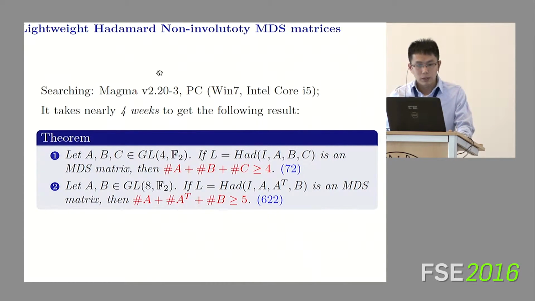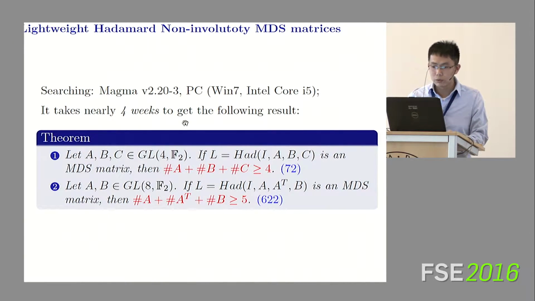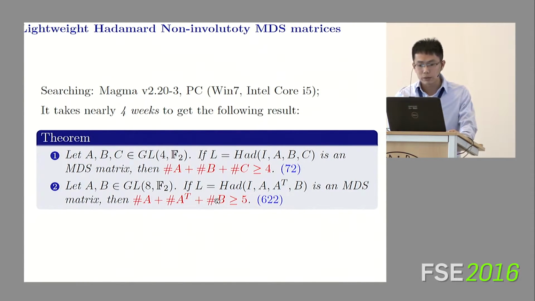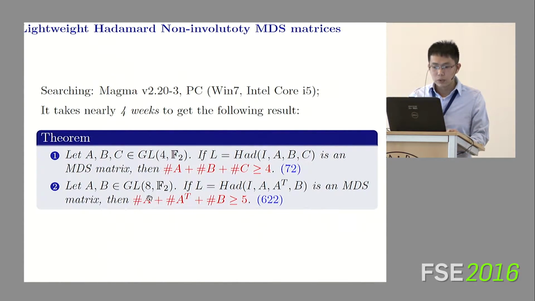For the case of the Hadamard matrix that is non-involutory, it takes us nearly 4 weeks to get the following result. Most of the time is spent on the case of m equals 8. When m equals 4, the lower bound on XORs of one row's entries is 4.